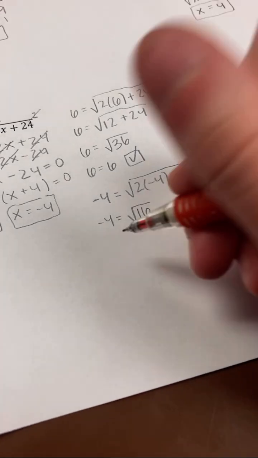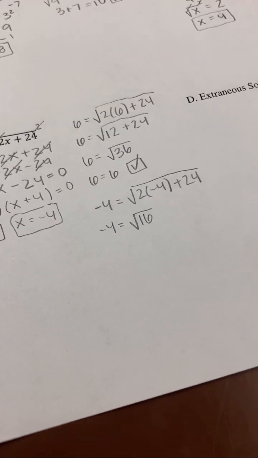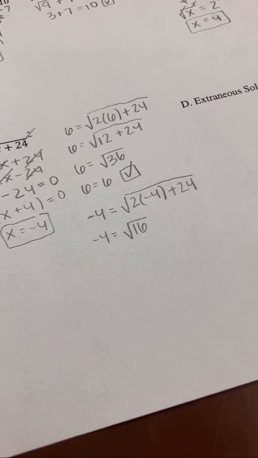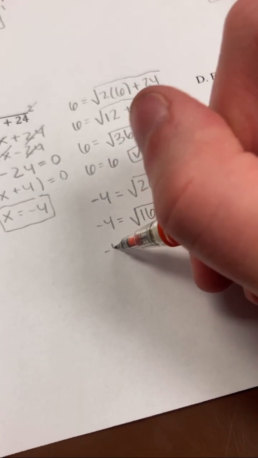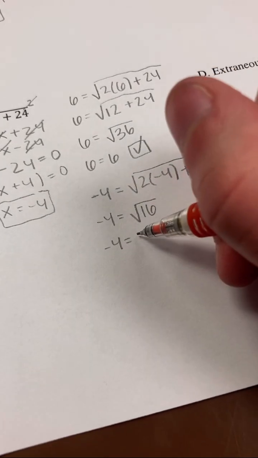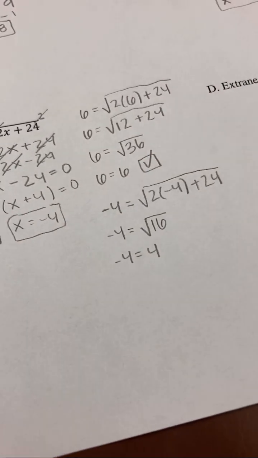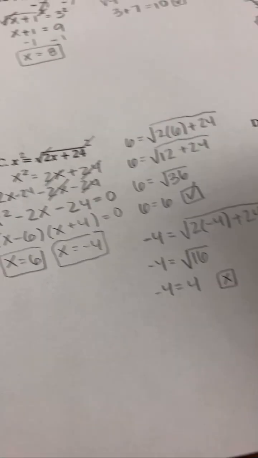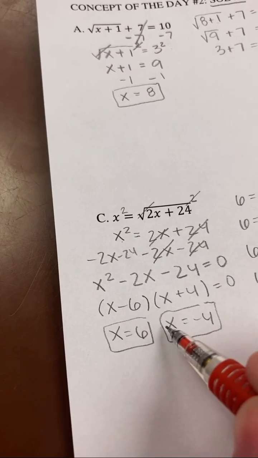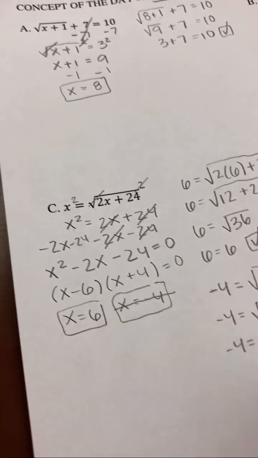All right, now, I told you that the square root of 16 is plus or minus any number, right? Plus or minus. But the most common one that we see is going to be that positive 4. And I know positive 4 does not equal negative 4. So this did not check out. That means over here, negative 4 is not a solution.